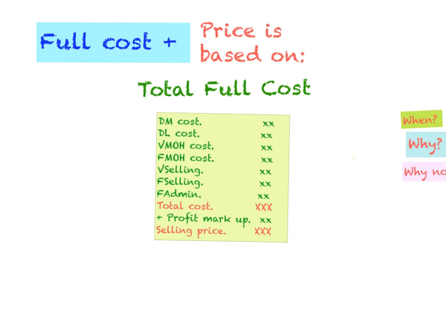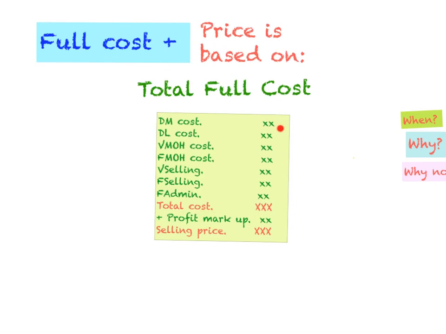What are the costs involved? Number 1, of course, the direct material cost. Then we have the direct labor cost, variable manufacturing overhead cost, fixed manufacturing overhead cost, variable selling cost, fixed selling cost, and also fixed admin costs, because normally administrative costs are all fixed.